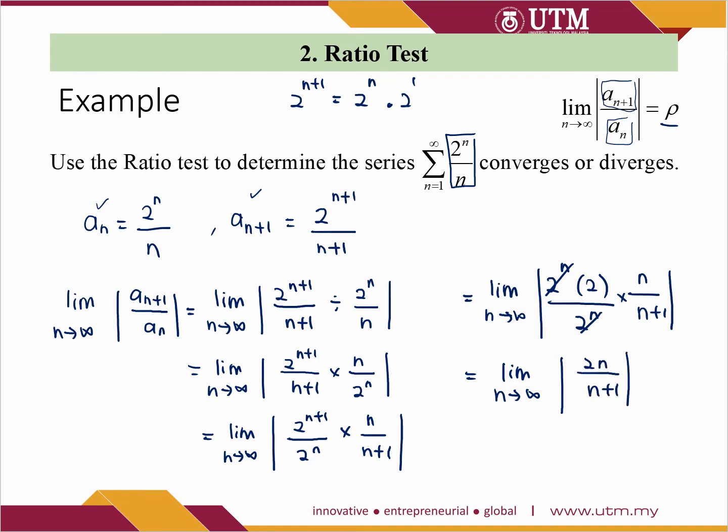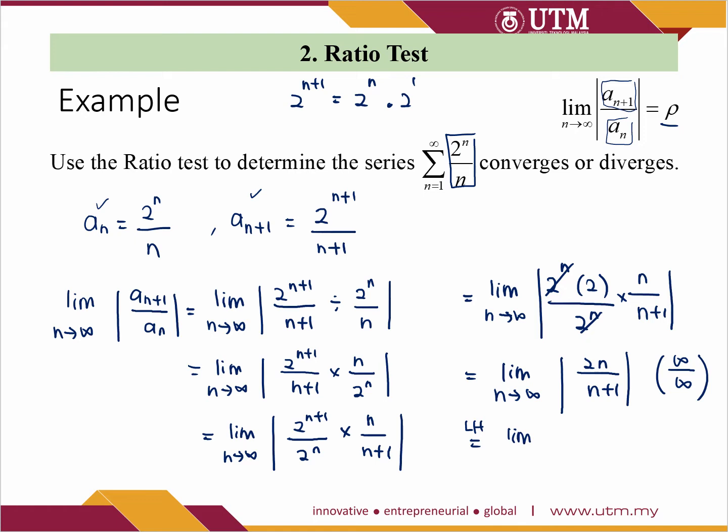For this case, when you substitute n with infinity, you will get infinity over infinity. So remember, you have learned in improper integrals, where if it's infinity over infinity and it involves a limit, you can apply L'Hopital's rule, where you differentiate the numerator and denominator.